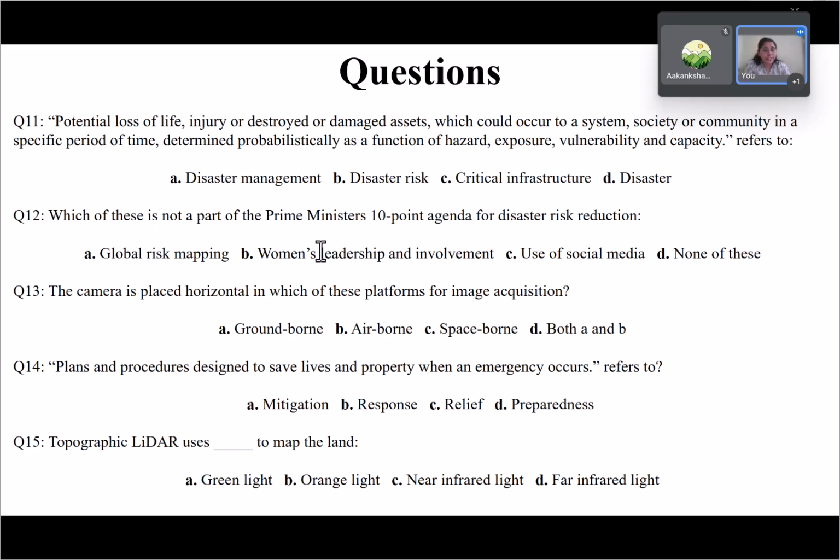Which of these is not part of that? Next, the camera is placed horizontal in which of these platforms for image acquisition? Think which one is going to use it that way. Plans and procedures designed to save lives and property when an emergency occurs: which of these refers to that? And topographic lidar: now you tell me which one is the correct light which is used to look at the land.